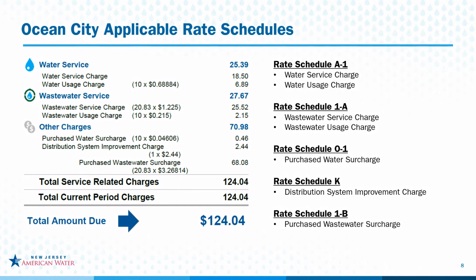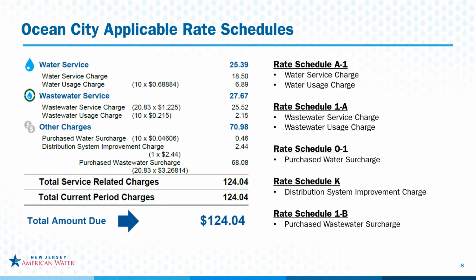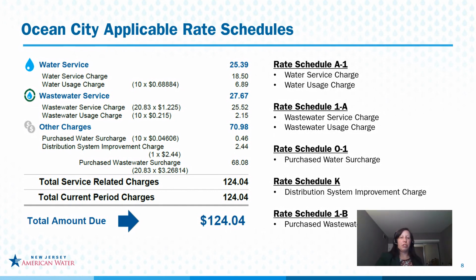So rate schedule A1 is the general metered service and identifies the water service charge and the water usage rate. Rate schedule 1A is the Ocean City collection system general metered service and identifies the wastewater service charge and the wastewater usage rate.